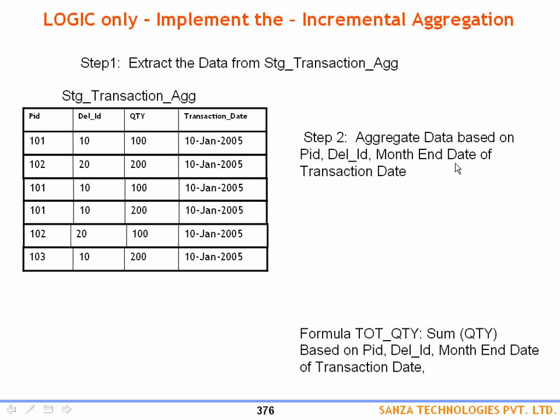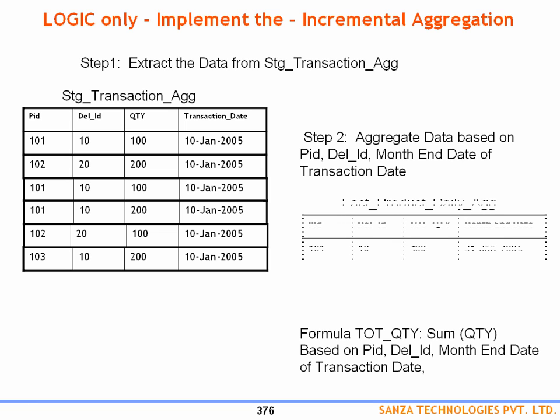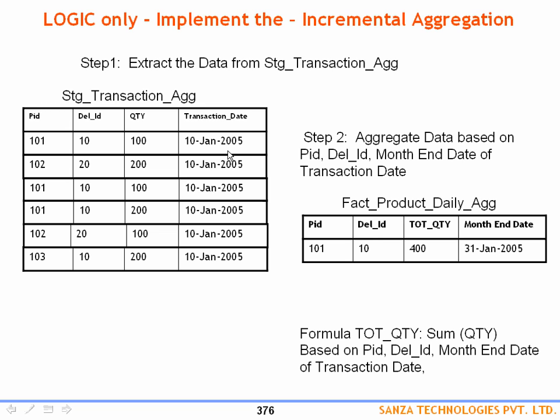Same quantity, so how does it work? When you are first loading the data, 10th January, we will do it for the whole month, every day loading it. If I put 10th January, 11th January, then it will not be cumulative. So I change the transaction date to 31st, the month end date for that month. How to do it in Informatica we will discuss later.